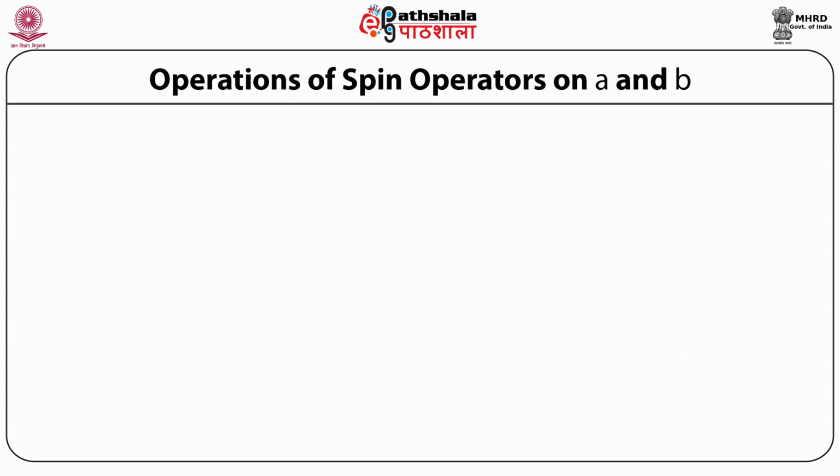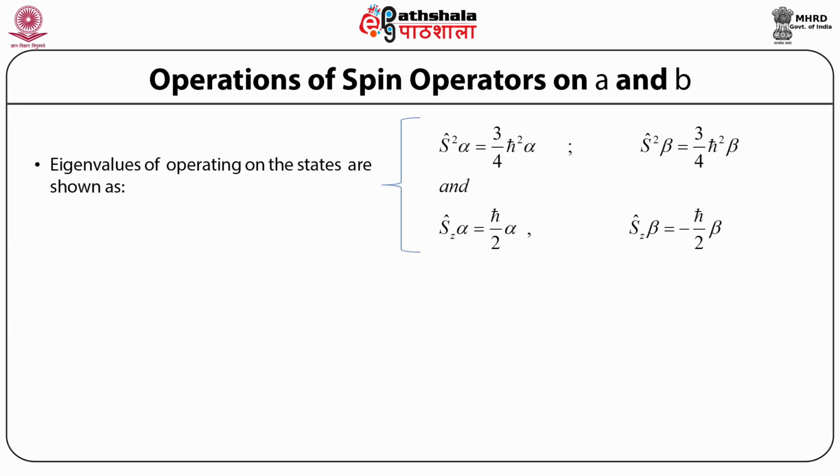Now let us discuss the operations of the spin operators on the eigenstates alpha and beta. Firstly, we follow a similar procedure as we did for the angular momentum operator. Just like we found the eigenvalues of the angular momentum operators J square and Jz, similarly here we will find the eigenvalues of the spin operators S square and Sz.